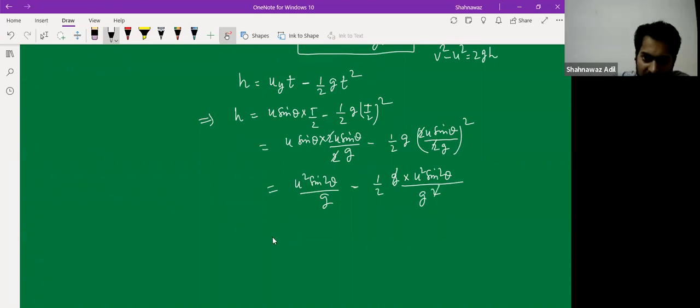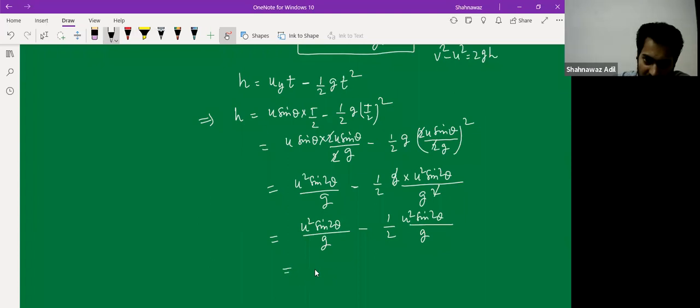Okay. So this is what? U square sine square theta by g, and this is half of u square sine square theta by g. Okay.